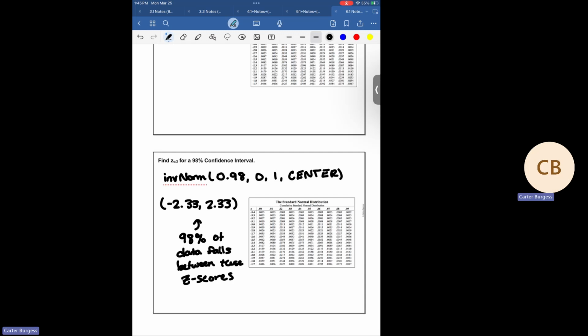In other words, we have a 98% chance of getting a z-score that lives between them, if we were just picking one randomly.